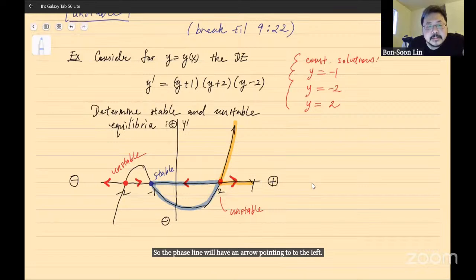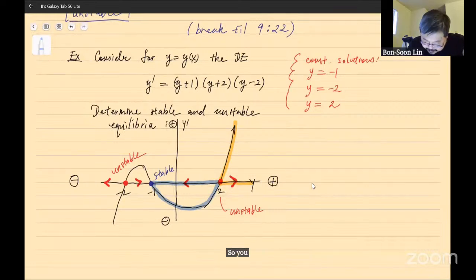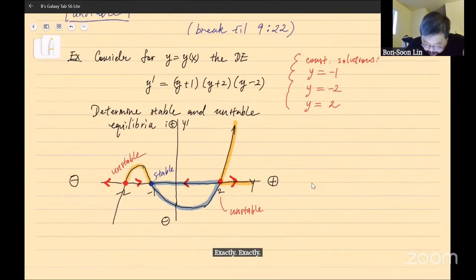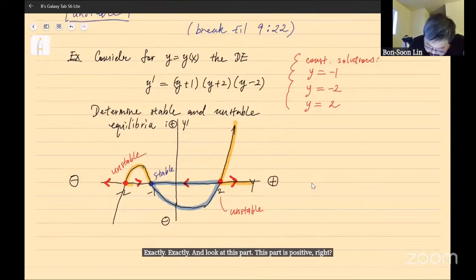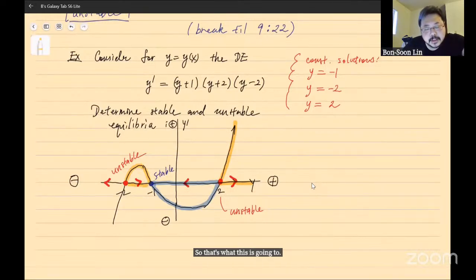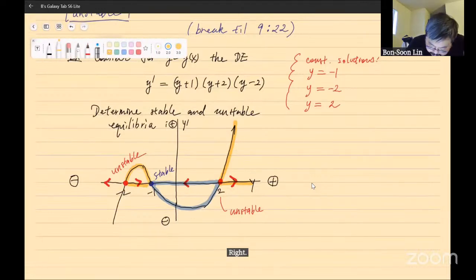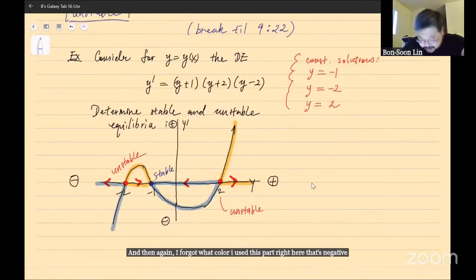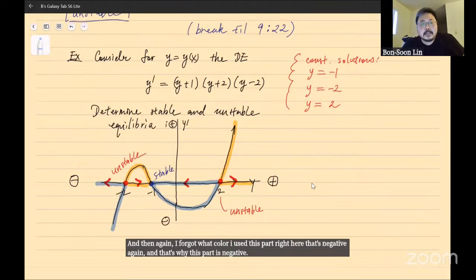So you just look at what's positive and negative, not the direction. Exactly. This part is positive, so it goes to the right. And this part right here is negative again, and that's why this part is negative. Got it. Thank you so much.